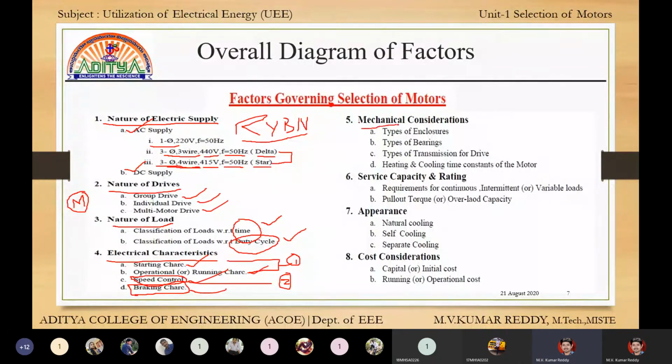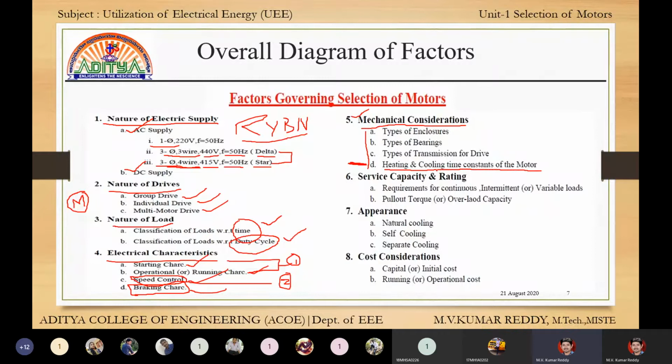Next, mechanical considerations. This is one of the important topics and it is included in the syllabus. In these four topics, the fourth topic is very important, that is heating and cooling time constants of a motor.